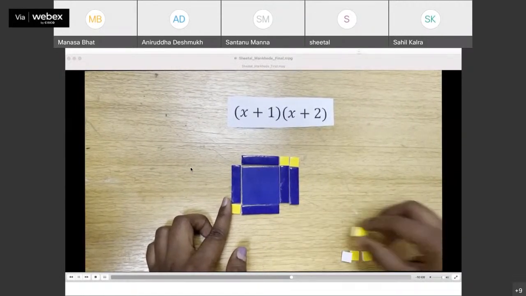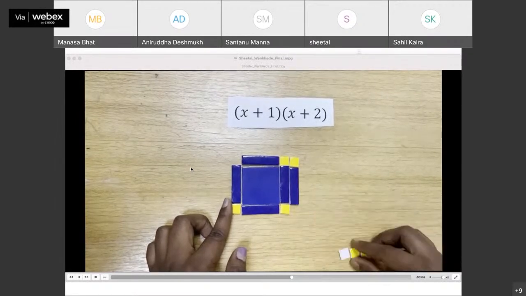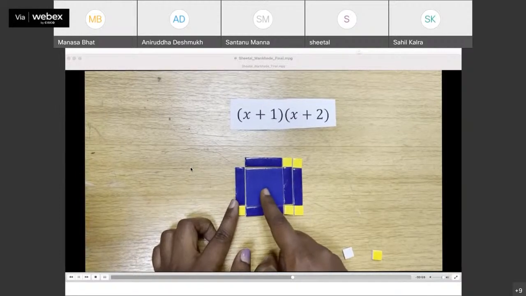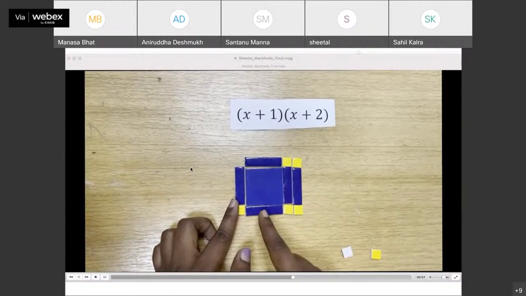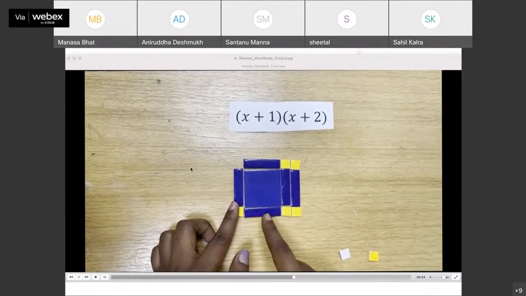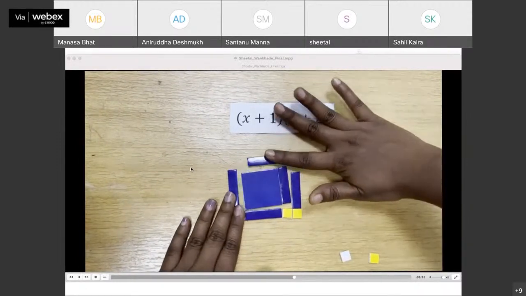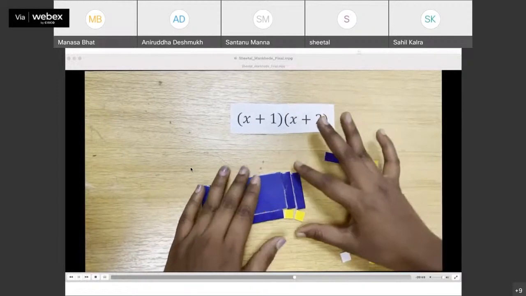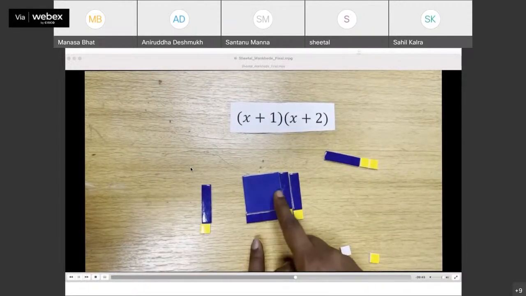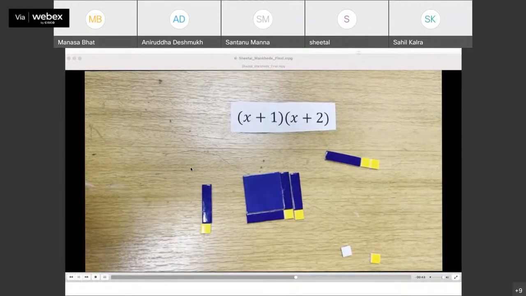Also these places are vacant. So we fill these also with 2 one-unit tiles. So now this is your area x square plus x plus x plus 1, 1. That is your x square plus 3x plus 2. So in this way the product of these two polynomials is this area, x square plus 3x plus 2.